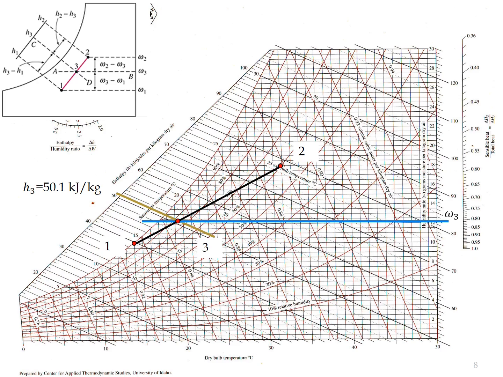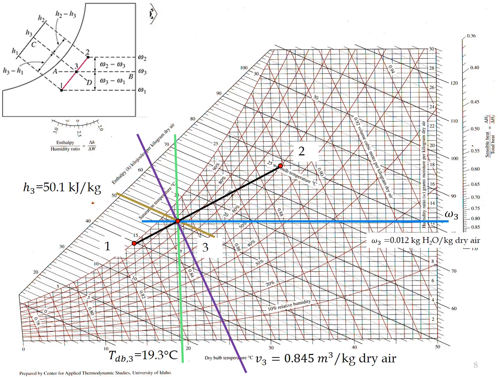If we draw a horizontal line through the intersection point for state number 3, we will obtain the value for humidity ratio omega 3, where omega 3 equal to 0.012 kilogram H2O per kilogram dry air. And then if we draw a vertical line through the intersection point for state number 3, we'll get the dry bulb temperature for state number 3, Tdb3, which is equal to 19.3 degrees Celsius.